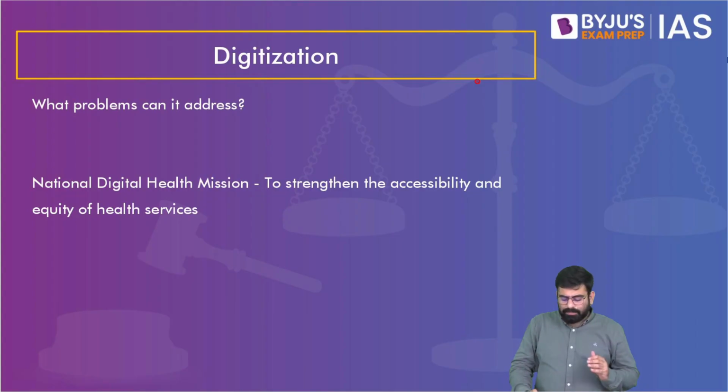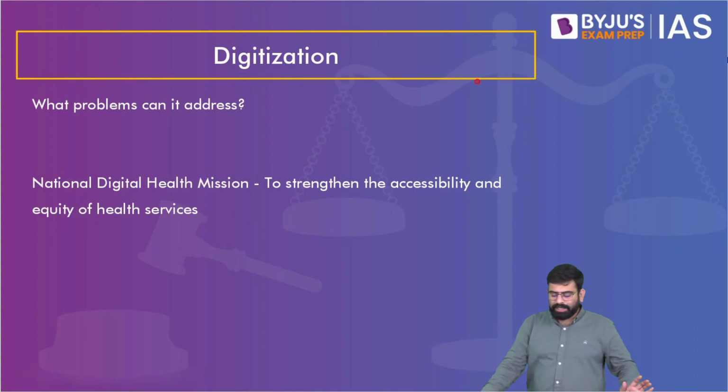And again, I'm saying this again, that when you look at a question, when you look at all these measures, think of how that measure would help us achieve universal health coverage. That is what the point is, right? So they can ask a particular dimension, and I have provided the solution for that as well, so that you are very well equipped if any kind of question is asked.